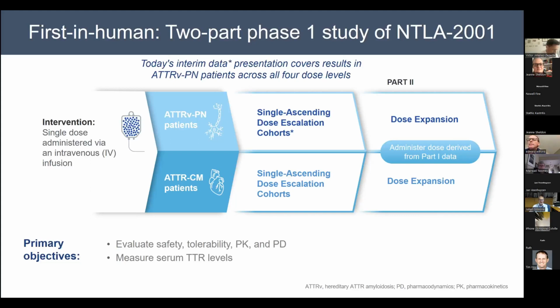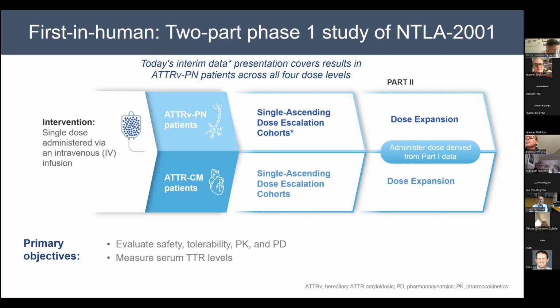Part 1 is a single ascending dose design with a minimum of 3 patients in each of up to 4 dose escalation cohorts, 0.1 milligram per kilogram, 0.3 milligram per kilogram, 0.7 milligram per kilogram, and 1.0 milligram per kilogram.